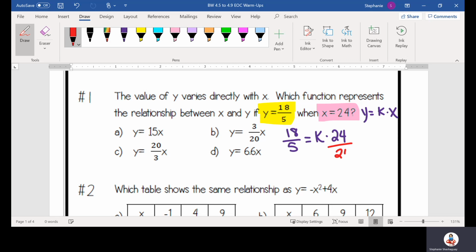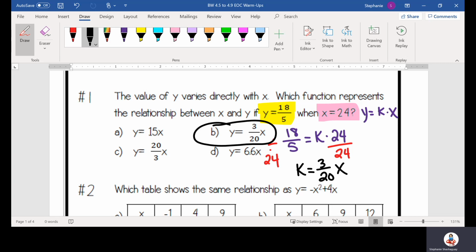So we have to divide by 24 and divide by 24, and when we do that, we find that k is equal to 3 over 20 times x, which is option B.